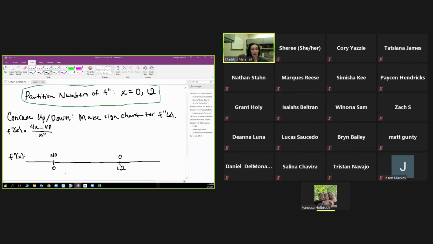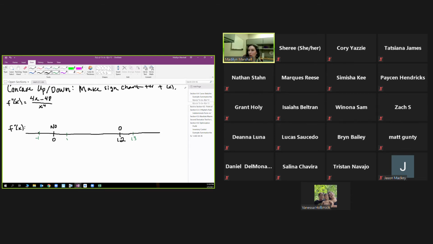And so we test negative 1, 1, and 13; no number above 12 is going to be nice. So f double prime of negative 1 is negative 52 over 1, which is negative 52.